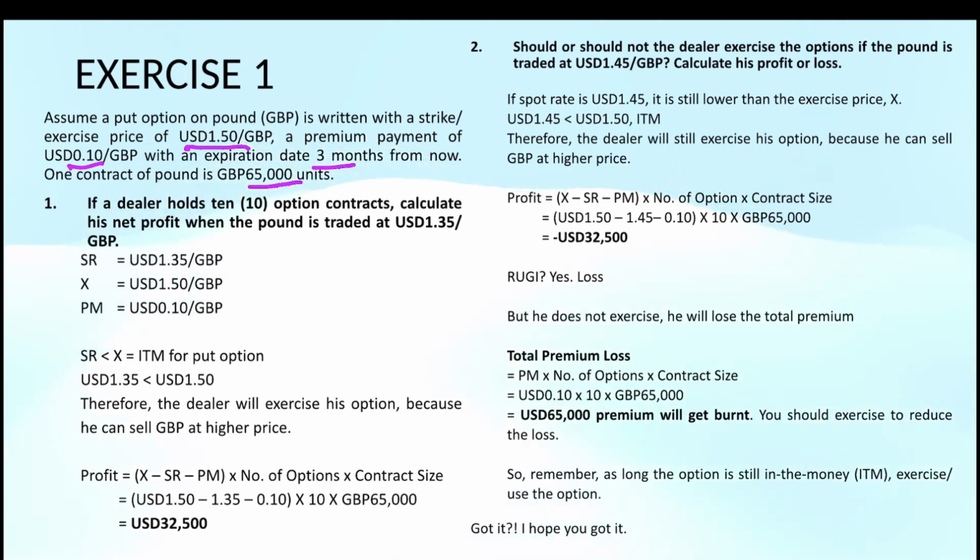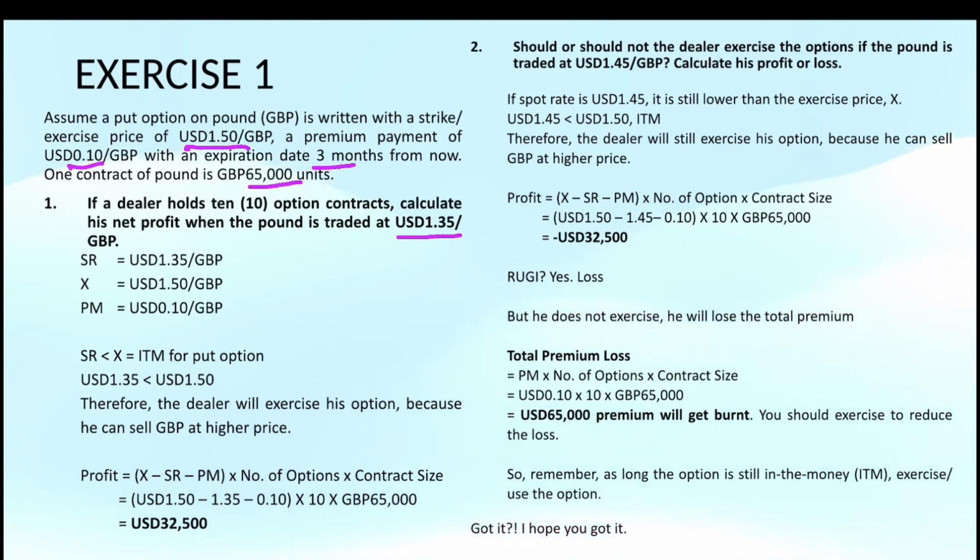Question number 1: if a dealer holds 10 option contracts, calculate his net profit when the pound is traded at 1.35. First of all, to make it easy to answer the question, you have to list down the important information.